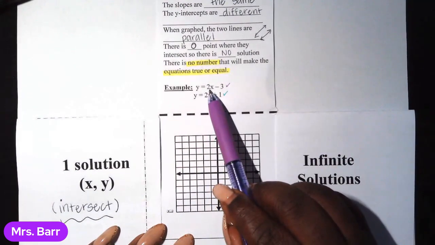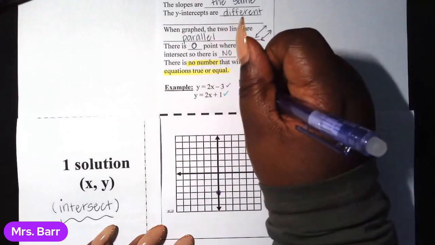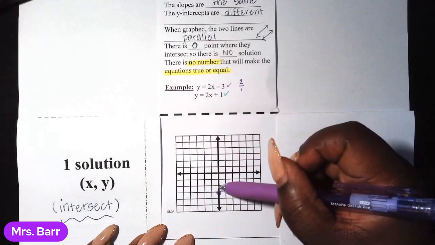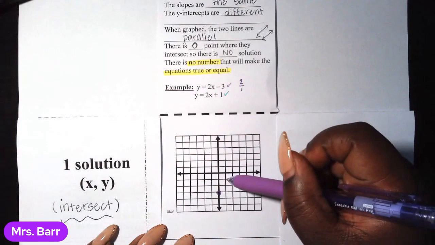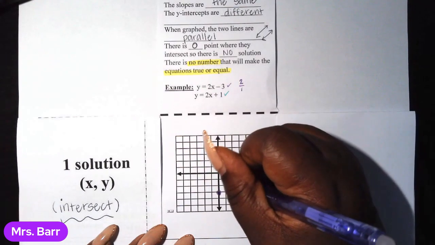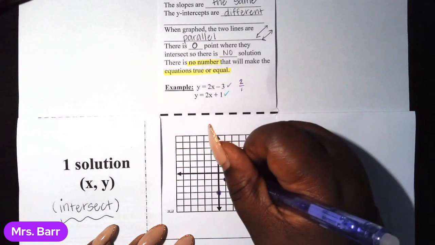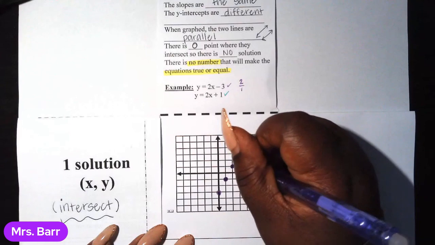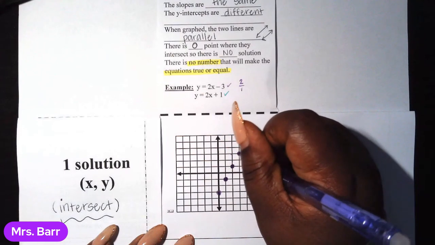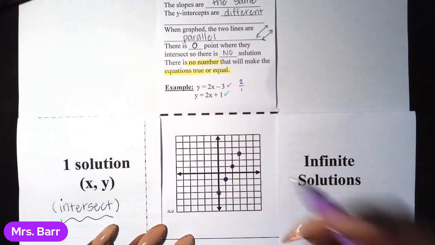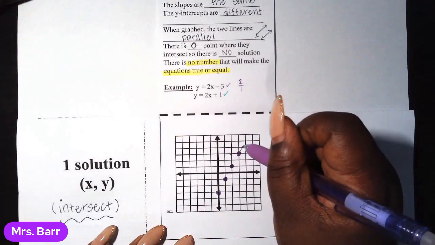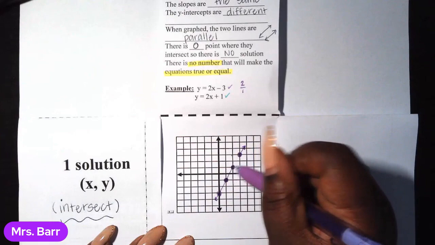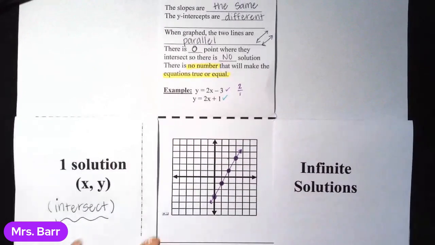If it's +2, you all know that that's really 2 over 1. So up 2 over 1, rise over run, up 2 over 1, up 2 over 1. I'm just going to stop at 4 points. And lastly I'm going to connect my dots. Okay, all right. So that one's done.